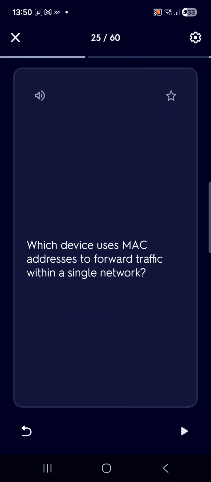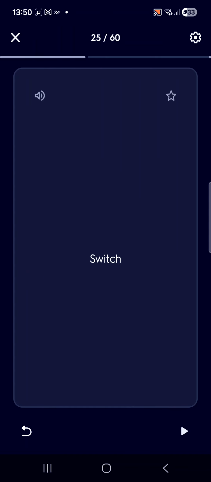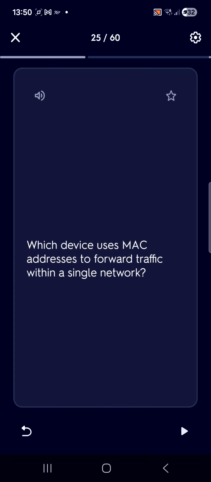Which device uses MAC addresses to forward traffic within a single network? That would be a switch. A switch is the device that uses MAC addresses to forward traffic within a single network.